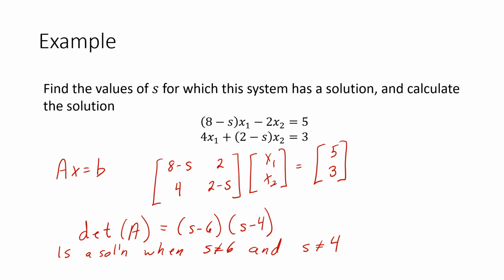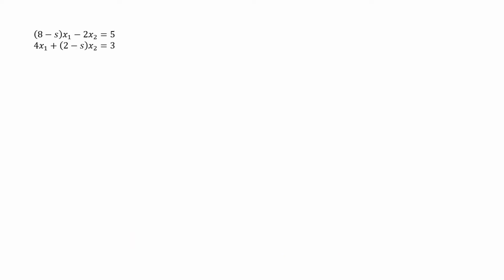But what is that solution? So there's our original equation. What do we do now? Well, we want to figure out what x1 and x2 are in that matrix. So to get x1, we need to use the matrix A_1(b). What does that mean? We take our matrix A and we replace the first column by b.